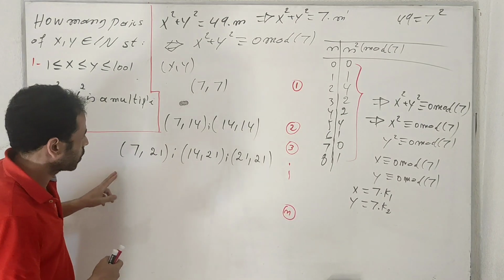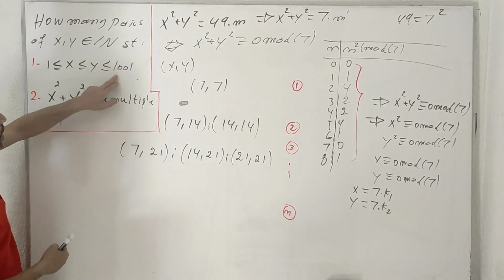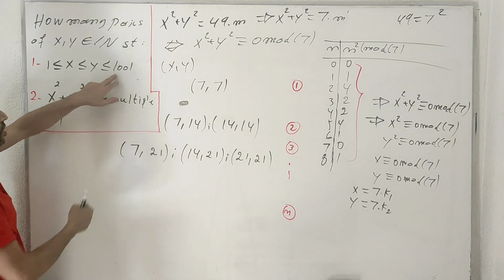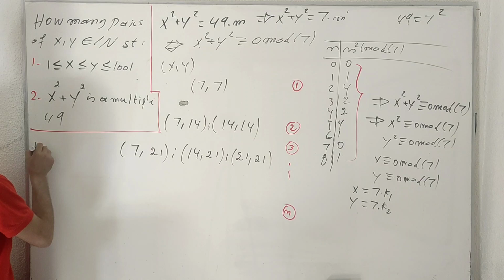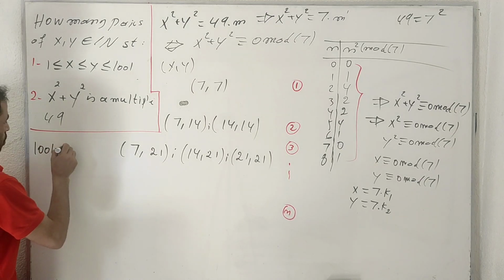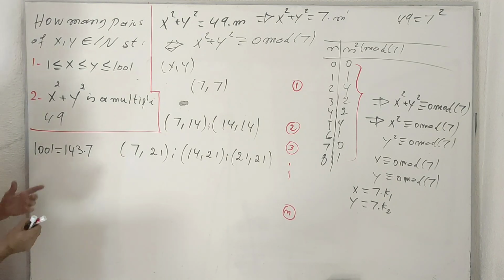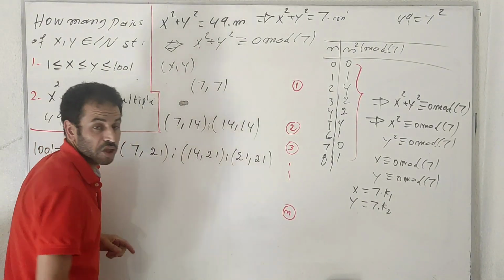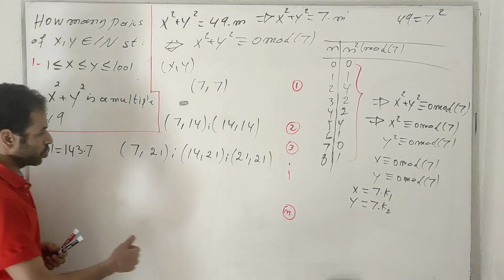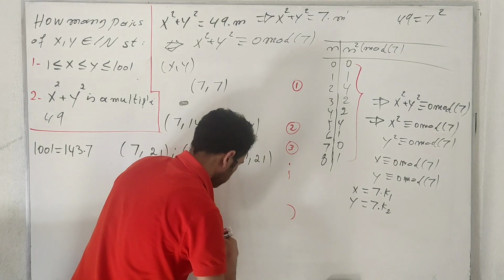So I'm going to check how many pairs of the solution we have in this interval. We cannot exceed 1001. If you take a look carefully, 1001 equals 143 multiplied by 7, which means we have 143 pairs of the solutions. It can be in the last column. So I'm going to replace this n with 143.